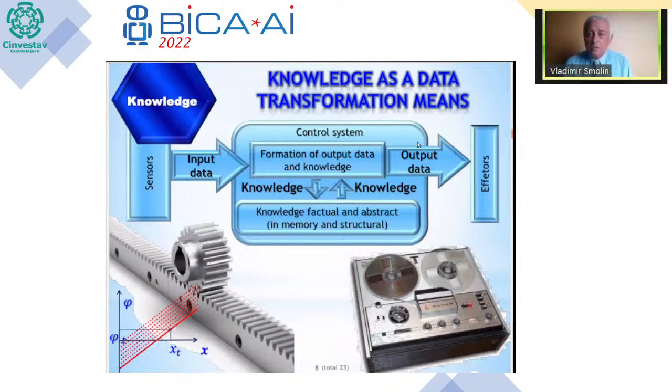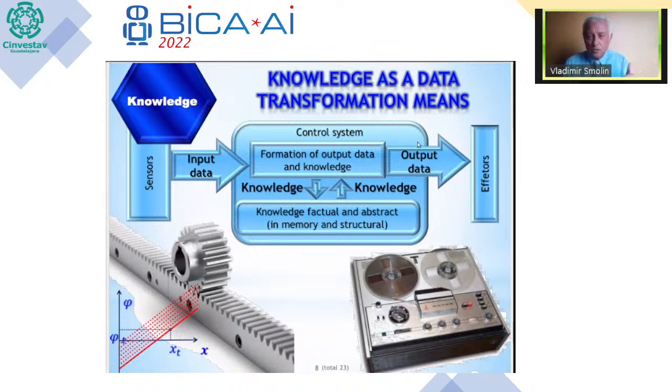So let's try to explain what knowledge is. Knowledge is data, some information, but when some devices or subjects make a transformation, they use knowledge. So if a tape recorder reproduces some tape, it is using information which may be considered knowledge, and makes some output.